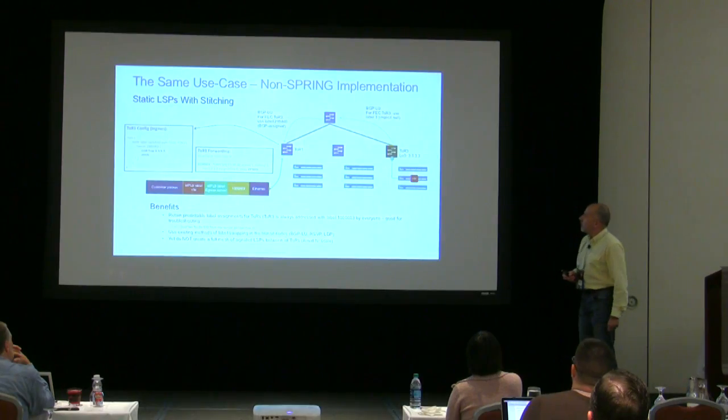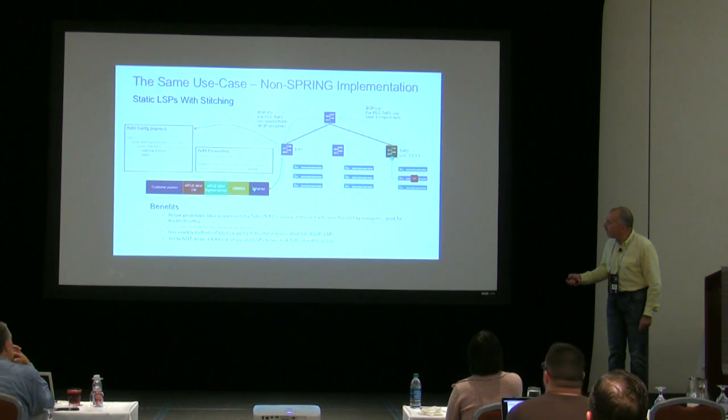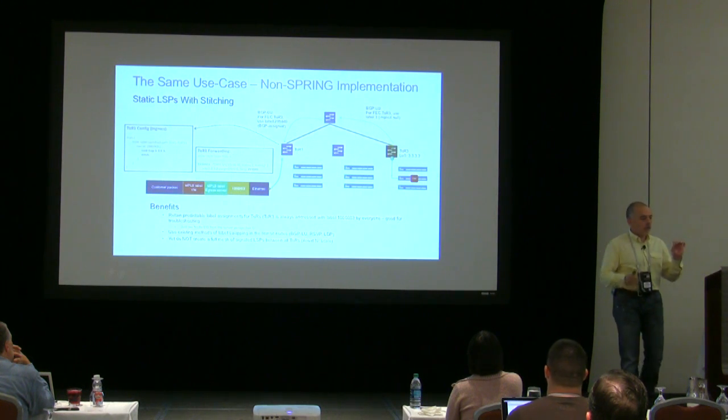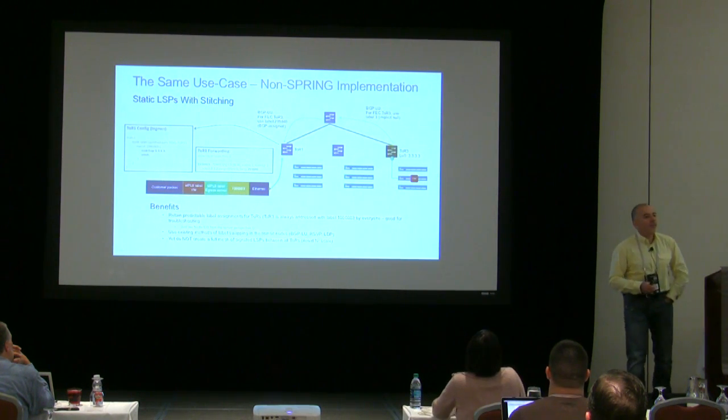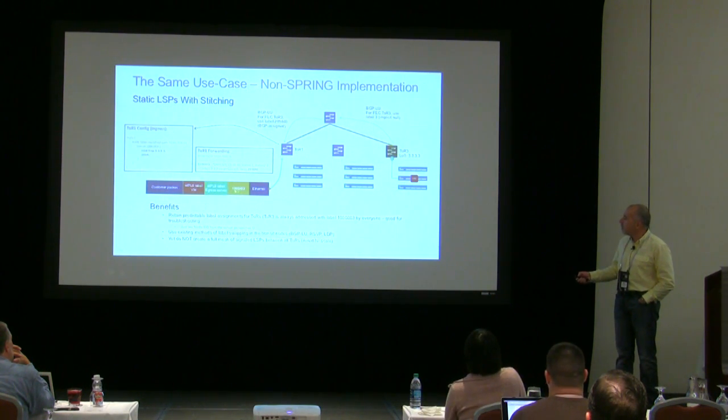So what's the goal to avoid it? The goal is to come up with a way to have a very statically assigned fixed label, think node SID, that everybody uses in order to get packets from anywhere to ToR3.